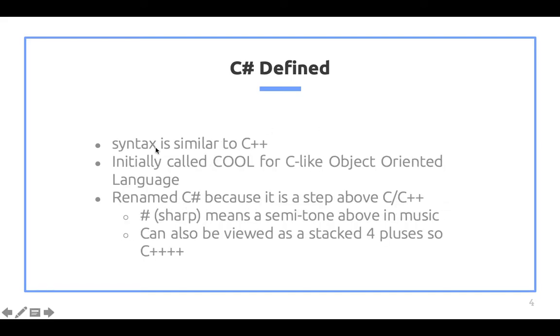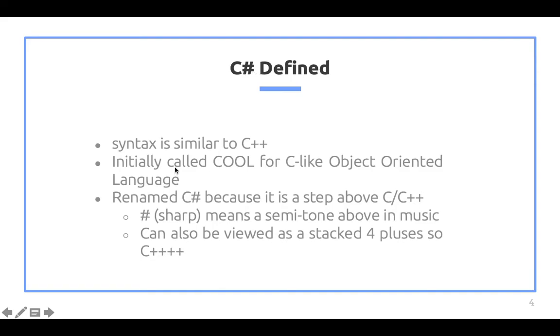The syntax of C Sharp is similar to C++. So if you are familiar with the C++ language, then the program structure of C++ is quite similar to that of C Sharp.